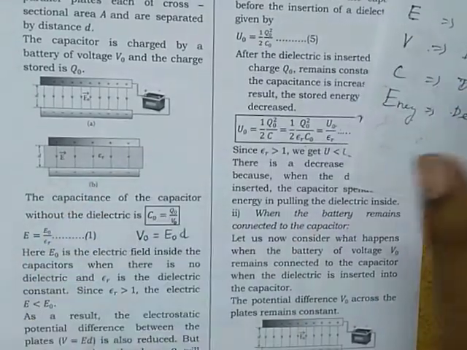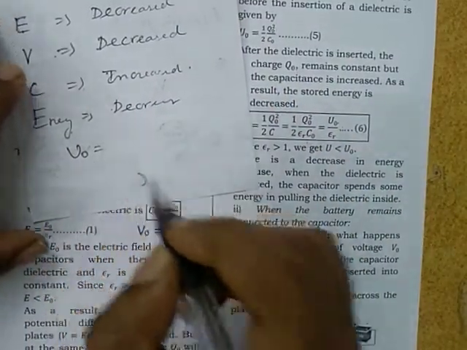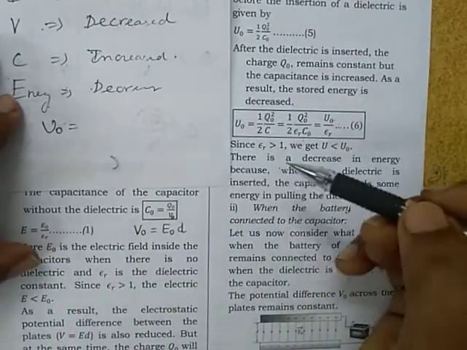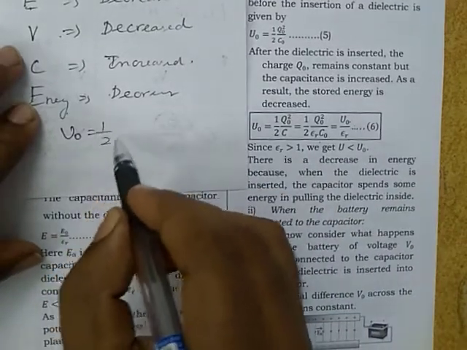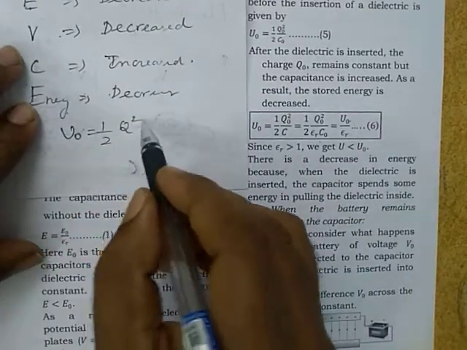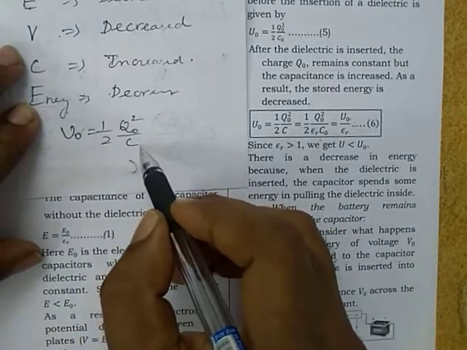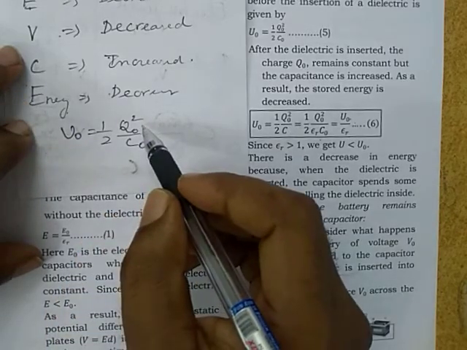That is because we know U0, the energy of the parallel plate capacitor before the dielectric medium is placed, is equal to 1 by 2 Q0 square by C0. This is the initial energy of the parallel plate capacitor.